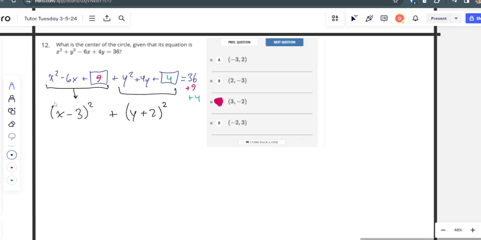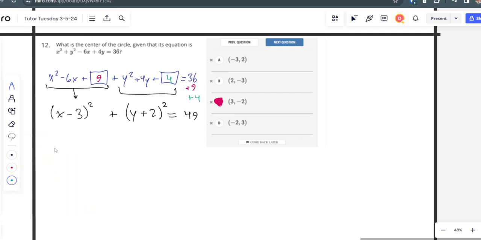So by taking half of that coefficient, squaring it, and adding it, you make it perfectly factorable. And you just have to remember to add that number to both sides to maintain the balance of the equation. So we're not changing the value numerically, we're just changing it into a slightly different form that makes it easier for us to identify the center and the radius. So it's at 49.